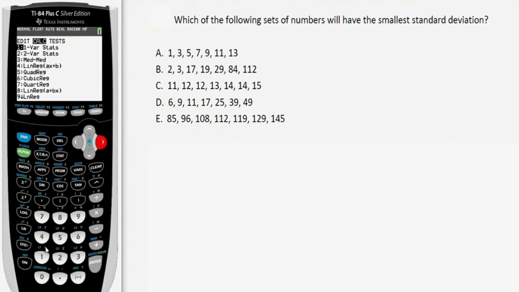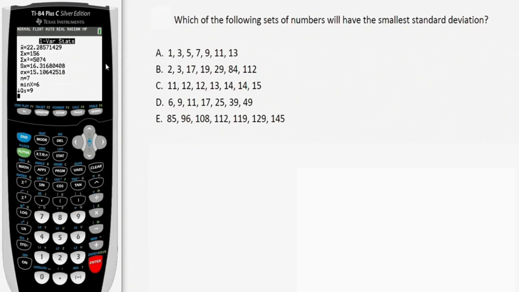One variable statistics. Then list 4, second, and look at list 4 here. Come to calculate. Enter. Remember, list 4 is our option D. So we have the sample standard deviation to be 16.3.